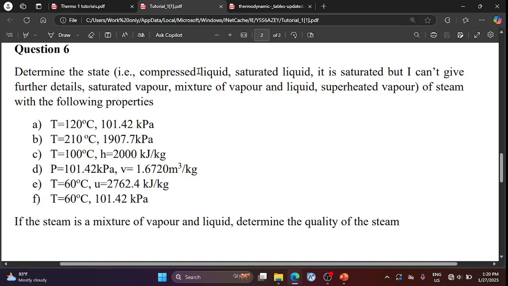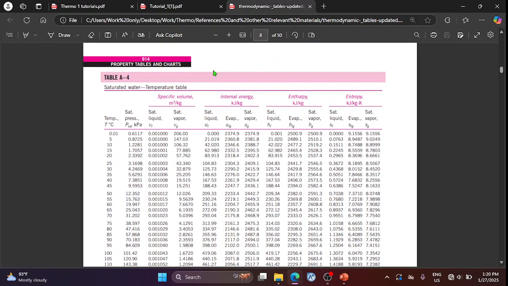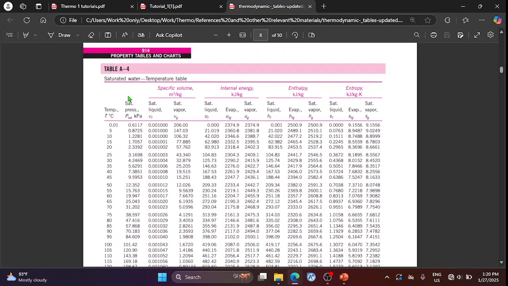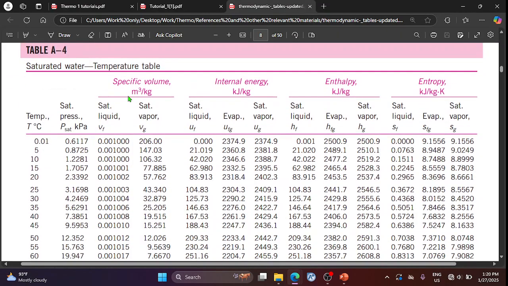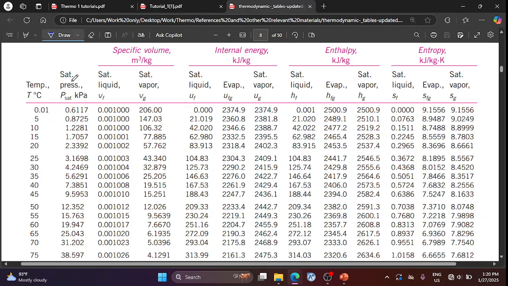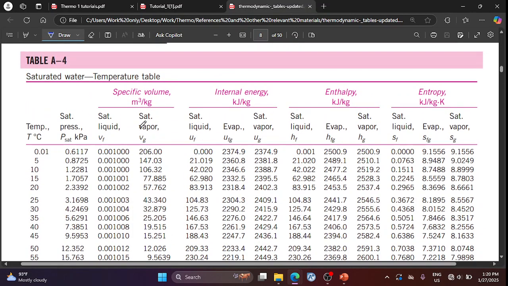So before we get into the details of the question, let's get familiar with the steam tables. We have tables not just for steam, we have tables for different compounds as well, for ammonia and different kinds of refrigerants. One of the most common ones is the steam table. With the steam table, you realize that there are three different tables.